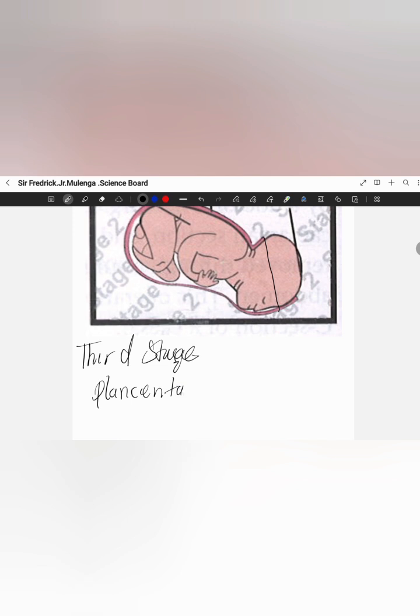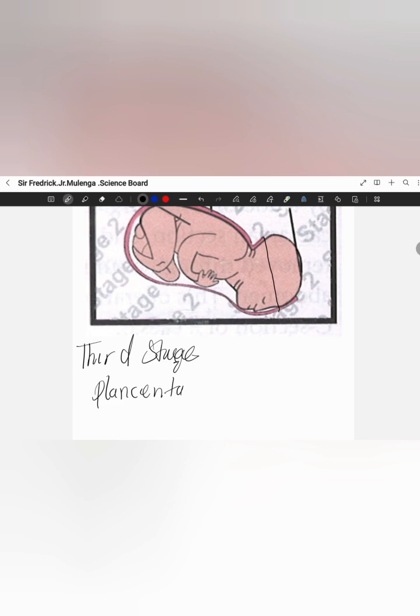The placenta is removed from the uterus of the mother. Just after birth, the mother will experience some contractions. This contraction will come to remove the placenta.